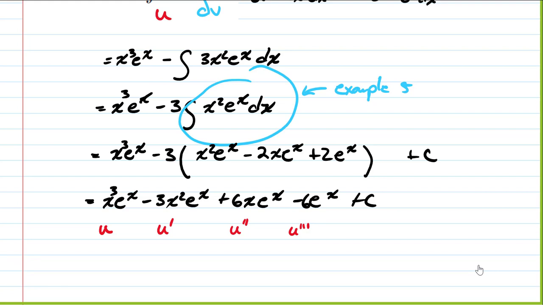No primes, 1 prime, 2 prime, 3 prime, because the derivative of x cubed is 3x squared, the derivative of 3x squared is 6x, and the derivative of 6x is 6. And with our dv, we'll notice that this is the integral of dv, this one is the second integral of dv, this is the third integral of dv, and so forth, right?